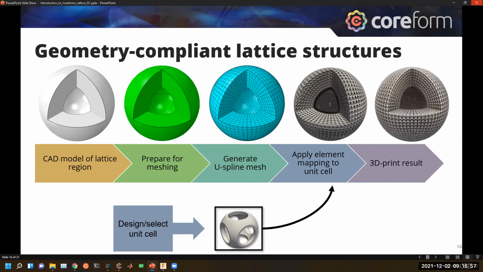And then we can 3D print the result. And this is actually a part that was printed. It's about an inch in diameter out of 316L stainless steel. So this is the general overview of this process.